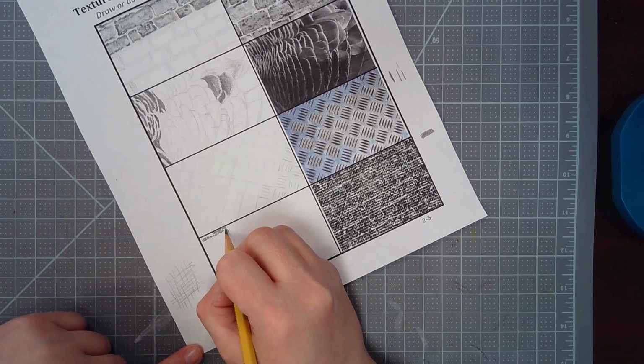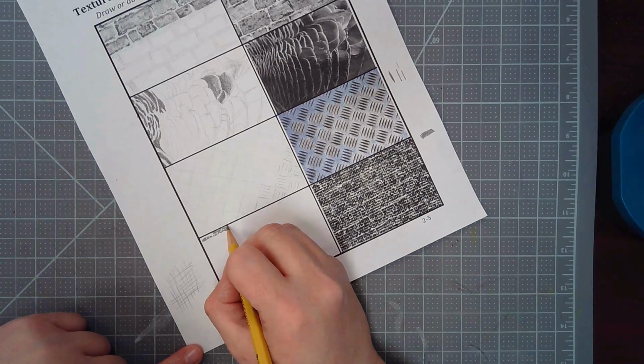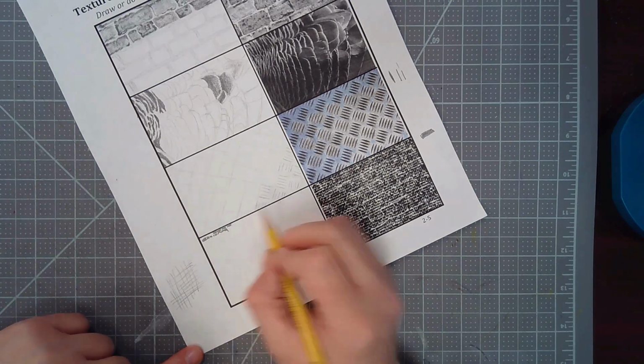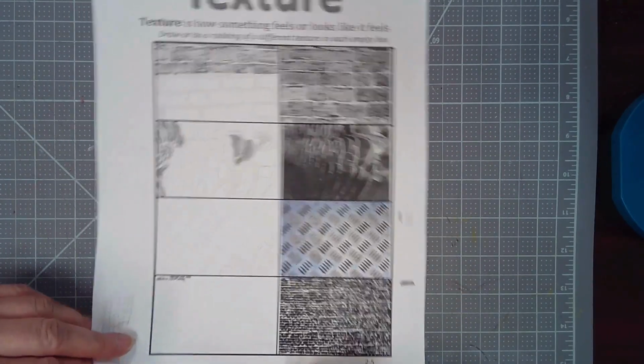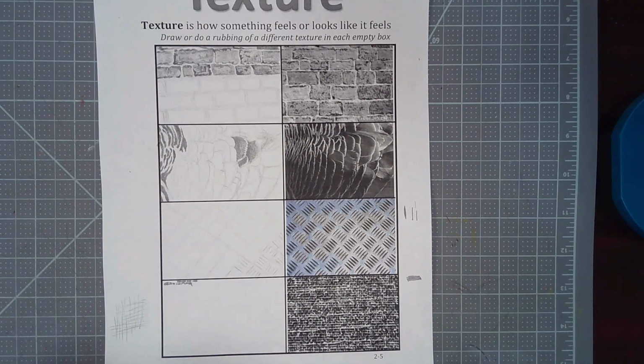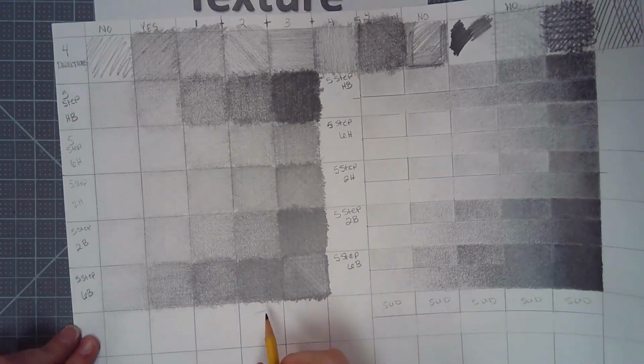So those are just some hints for you for these different textures. You will start work on these after your final value scale practice. You did 3 types of value scale. The very first one we did was sudden and 4 directions.